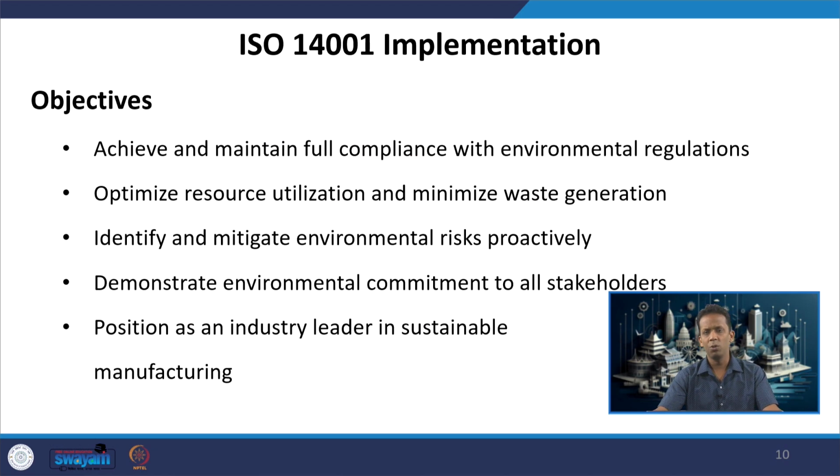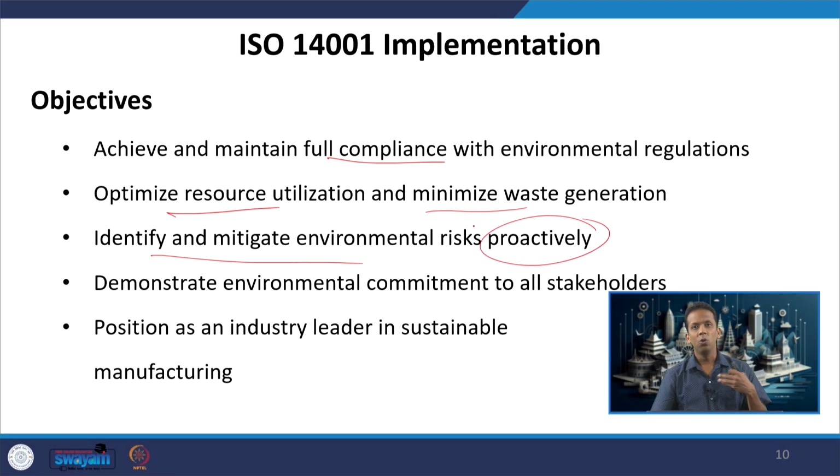They wanted to go for ISO 14001 implementation, and the objectives with which they decided to move forward were, first of all, to achieve full compliance with all the environmental regulations, then to optimize resource utilization and minimize waste, then to identify and mitigate environmental risk proactively.